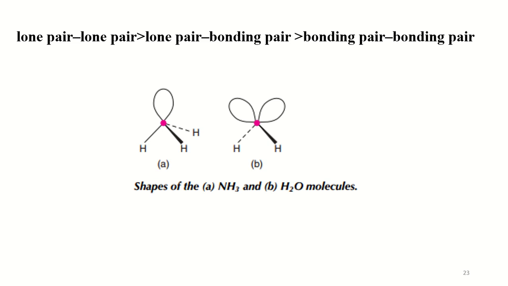Here we can see that NH3 has one lone pair on the nitrogen atom and three nitrogen-hydrogen covalent bonding pairs, but the lone pair exerts a greater influence on the shape, and the N-H bond angles, which are the covalent bonds between nitrogen and hydrogen, are reduced from the ideal value of 109.5 to 107.